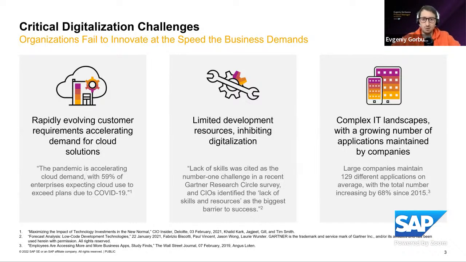And then last but not the least is complex and siloed IT landscapes at a lot of customers. That's what we see, that the number of applications is also growing and you use multiple different applications for different services, for different needs, for different capabilities to combine.